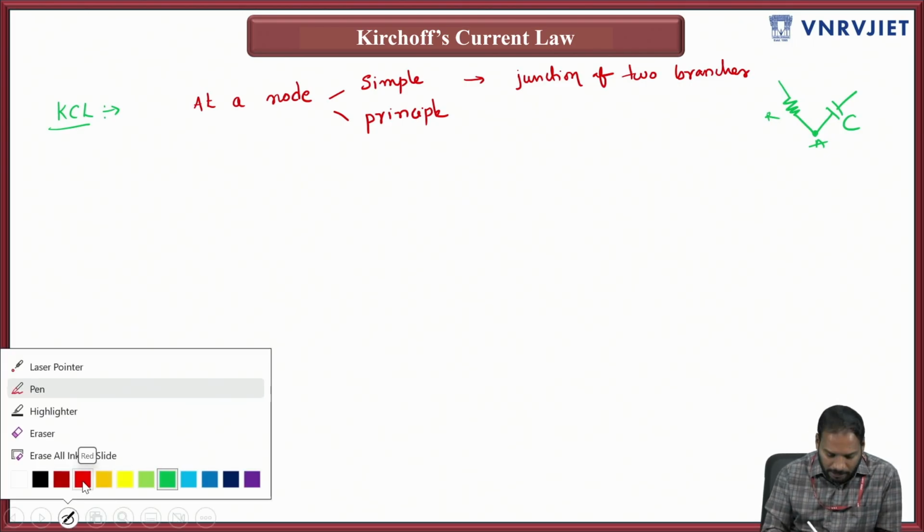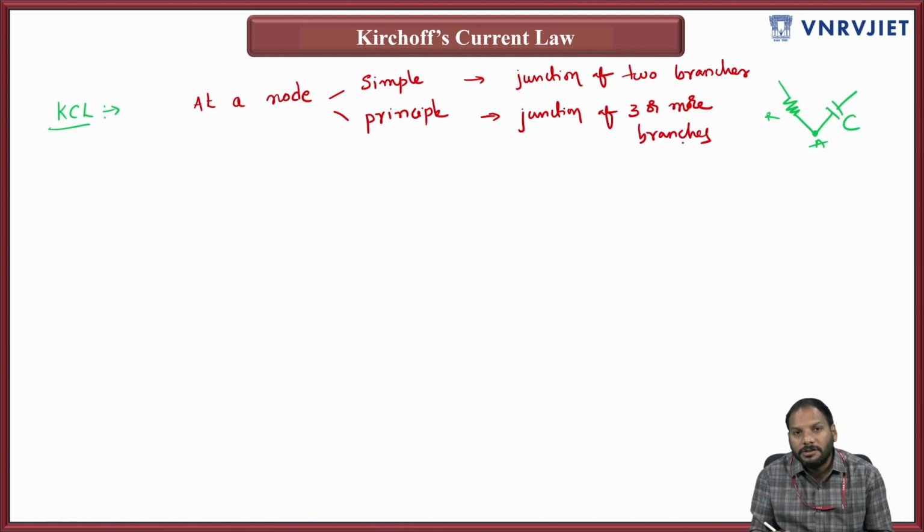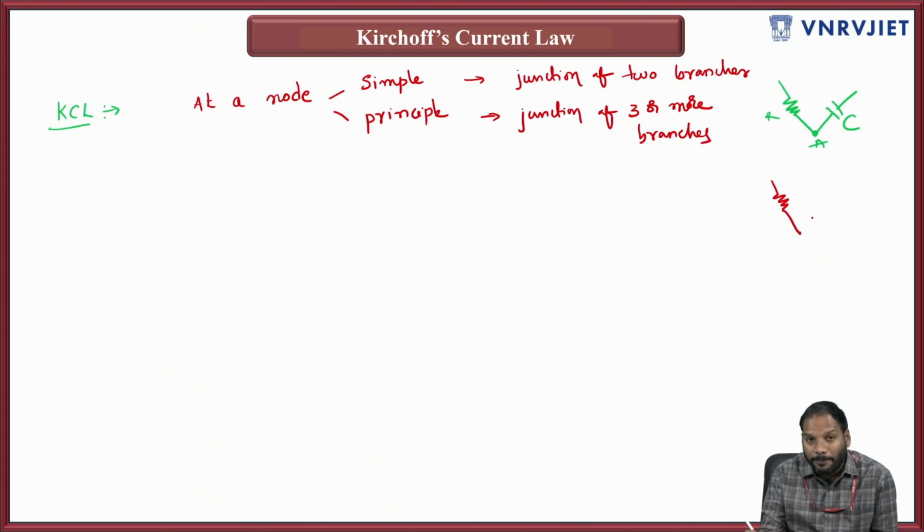What is meant by the principal node? It is a junction point of three or more branches, compulsorily. It is a junction of three or more branches. Let me draw one simple example of a principal node.